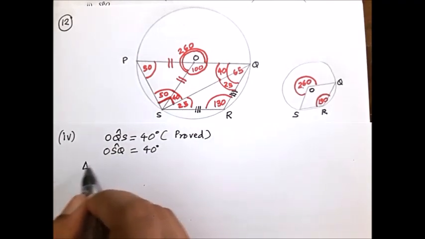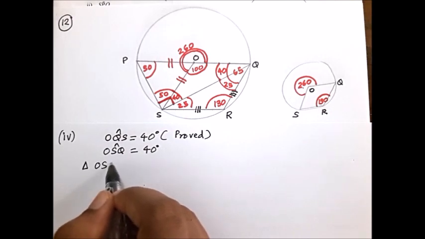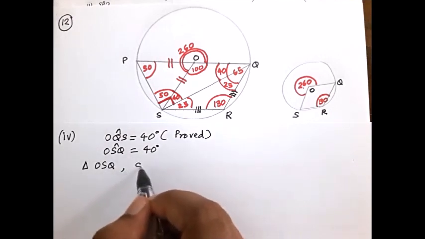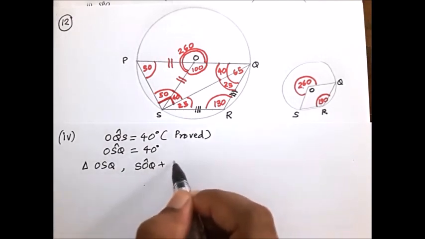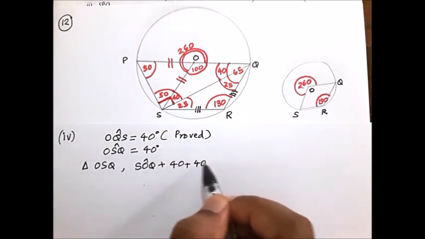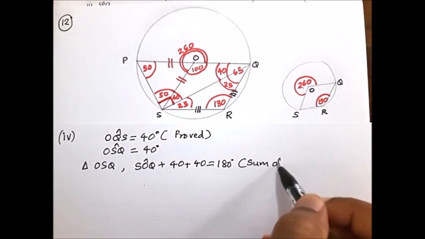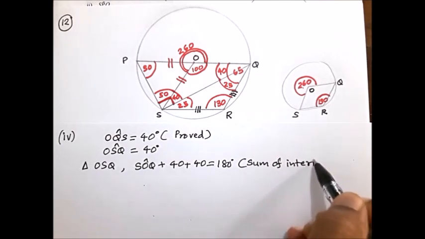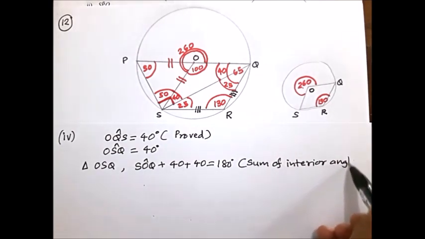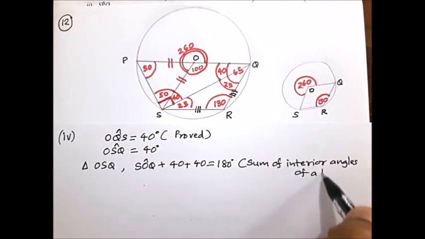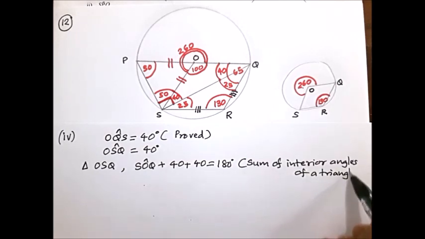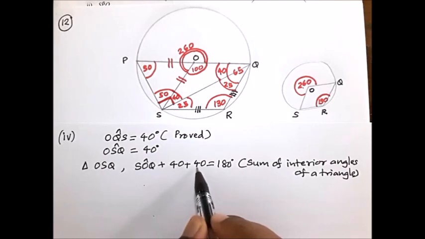Then consider triangle OSQ. SOQ plus 40 plus 40 equal 180 degrees. Sum of interior angle of a triangle. Then 40 plus 40, 80.